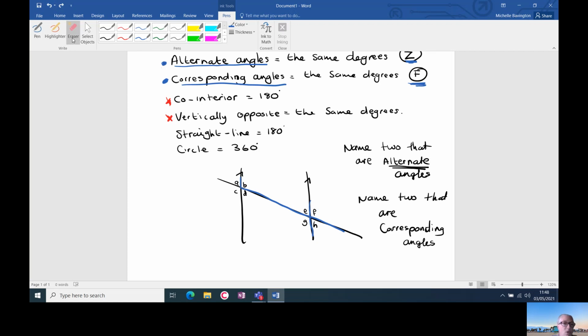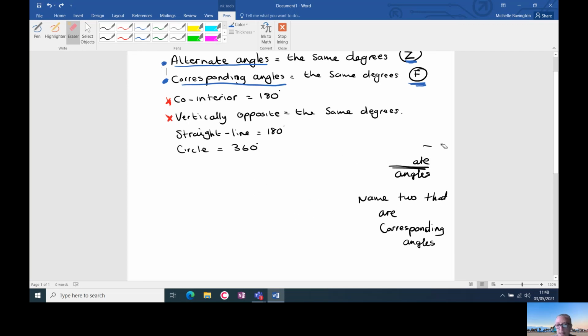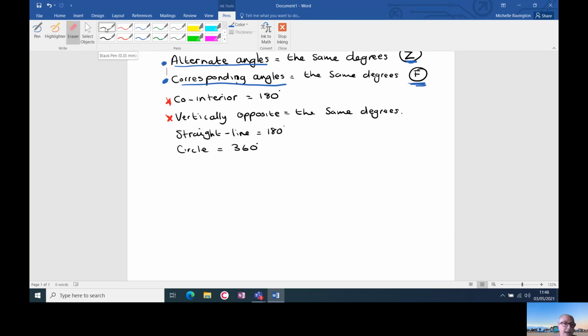Now there's one more that I need to look at, and it's when you have a reflex angle. So let's have a look at this.